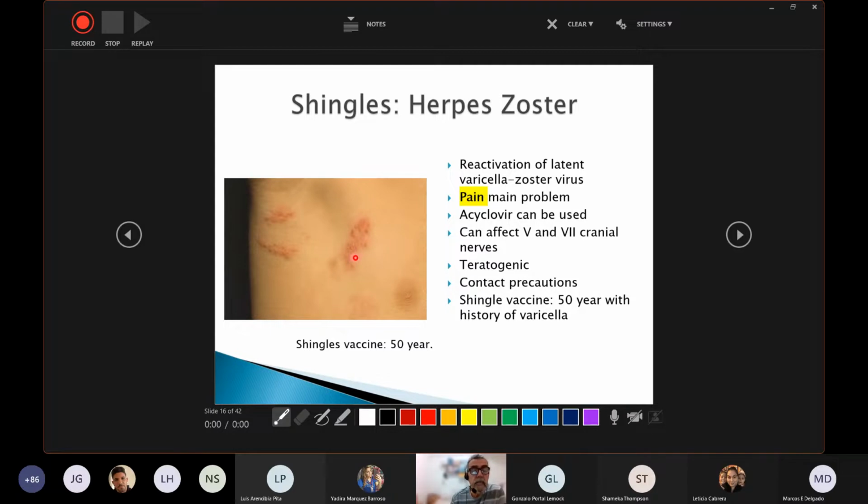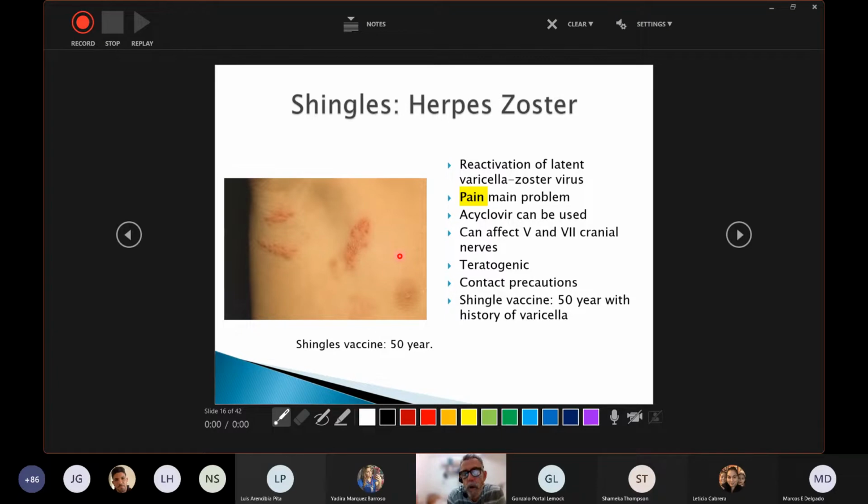In this liquid, the virus is present. For this person who has shingles, I can assure with 100% certainty that this person had varicella in previous years. Only people who had varicella in their life can have shingles. So shingles is a reappearance of the varicella virus, but limited to a nerve.